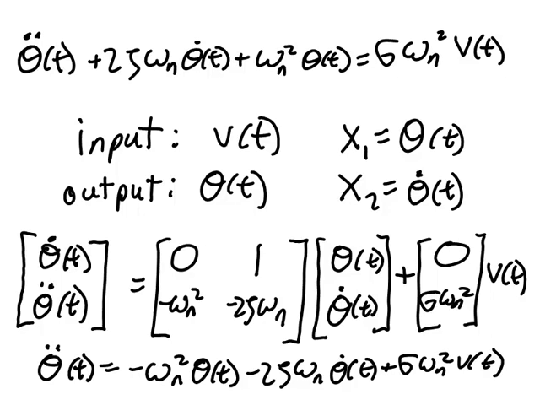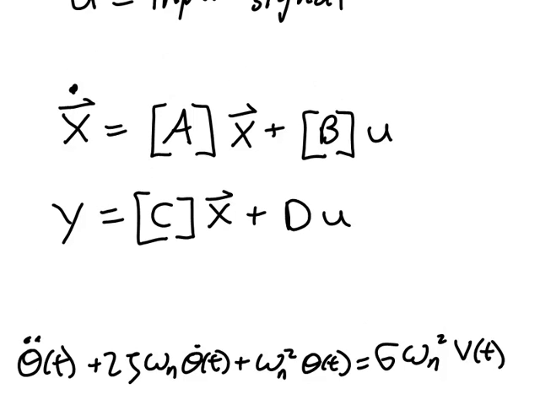Now, I'm not quite done with my state space representation yet because remember there's a second equation that we also need to write. That is this equation here. Y is our output signal, which in our case is theta of t. So I'm going to write this equation using our variables down here.